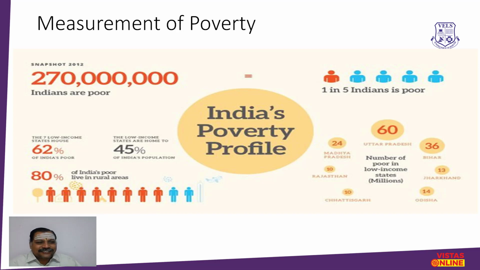The main reason is that nearly 80% of the people live in rural areas and depend on agriculture and allied activities, and nearly 45% of the people have low income. That is why the poverty line keeps getting lower, and nearly 7 states have 62% of people in poverty. So this is the status as far as the Indian poverty profile is concerned.